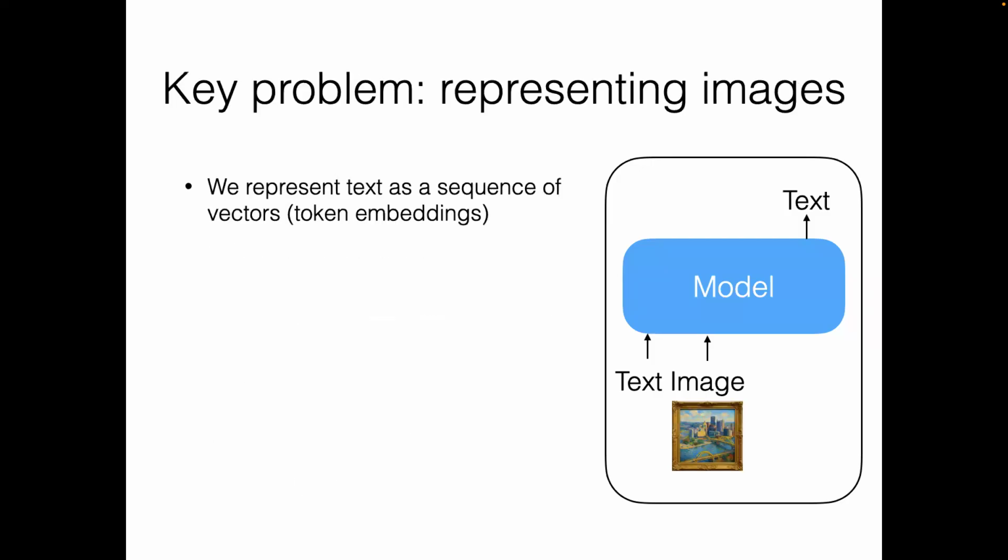Okay, so if we go to the first part, then the first question is what architecture do we want to use and what do we actually want to do with these images? Well, in this course, we've been treating text as essentially a sequence of different token embeddings. So why don't we try to do the same thing for an image?